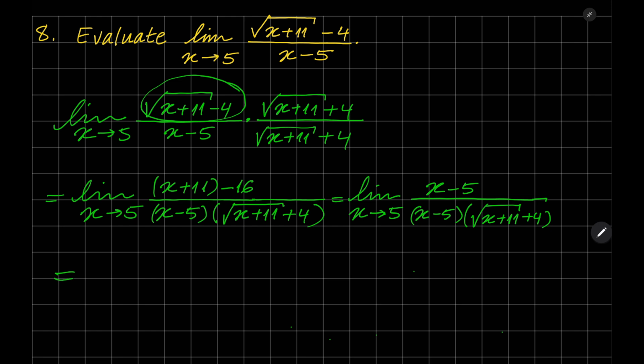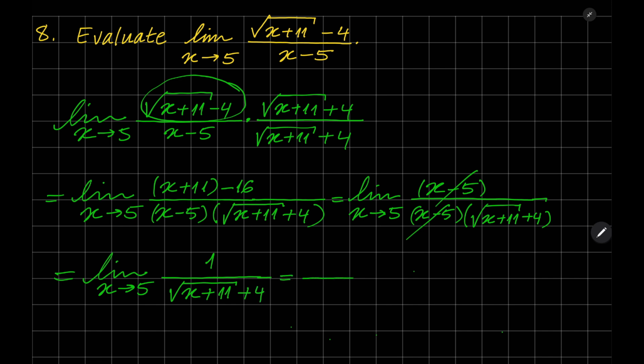Then it's equal to, these will cancel out, x minus 5 divided by x minus 5 is 1. It's equal to limit as x approaches to 5, 1 over root x plus 11 plus 4.